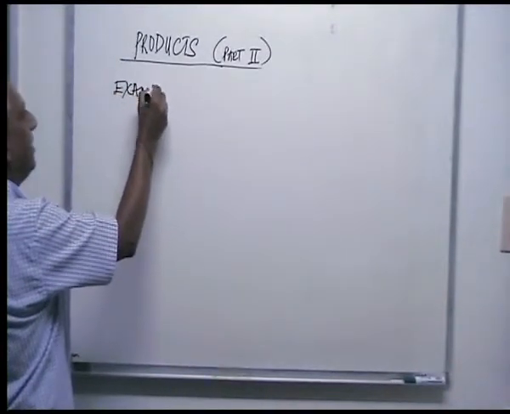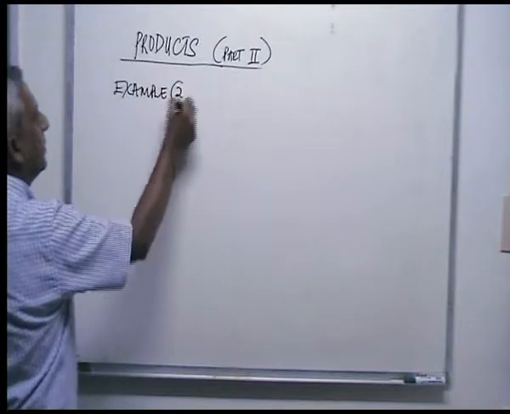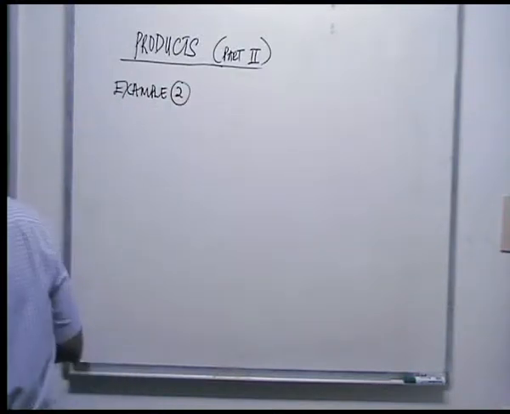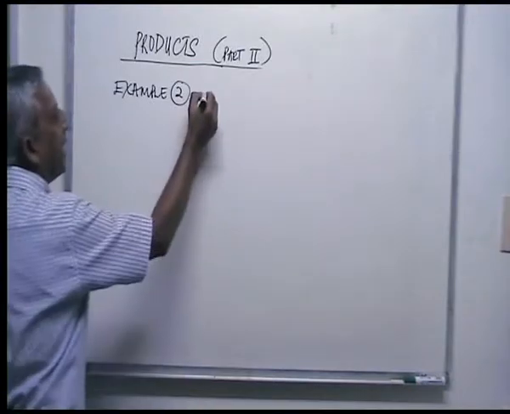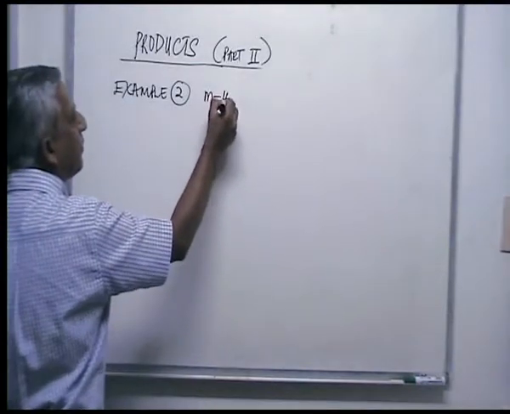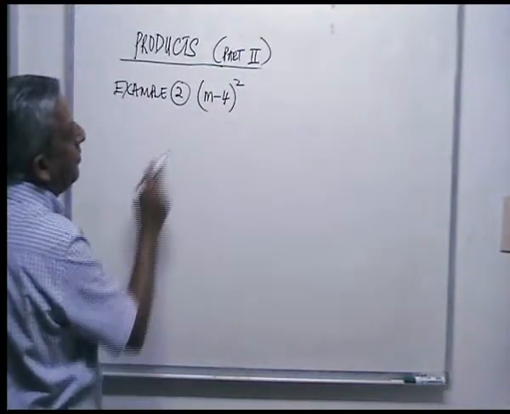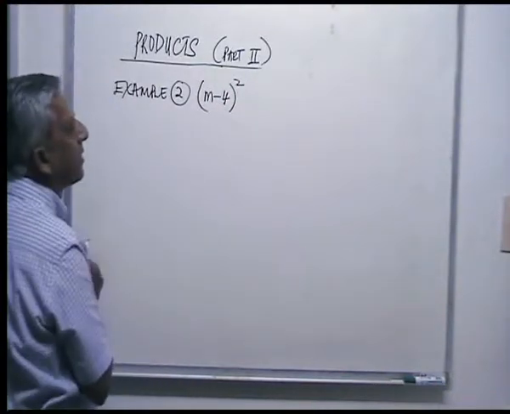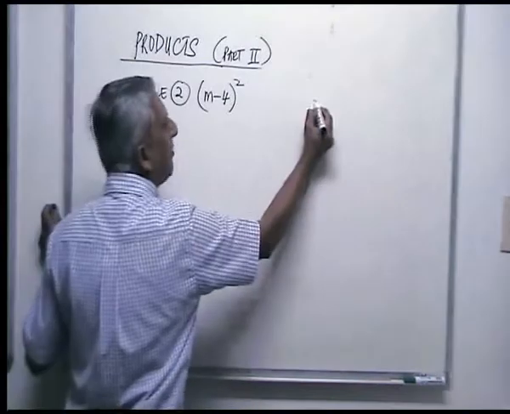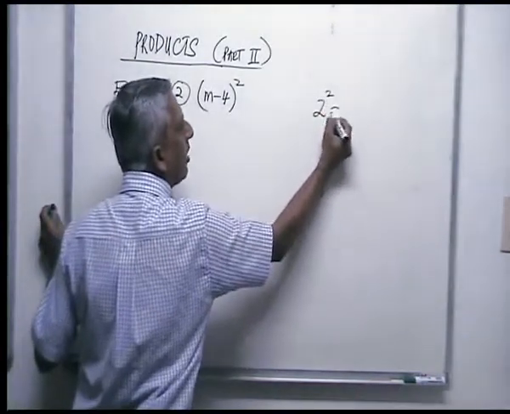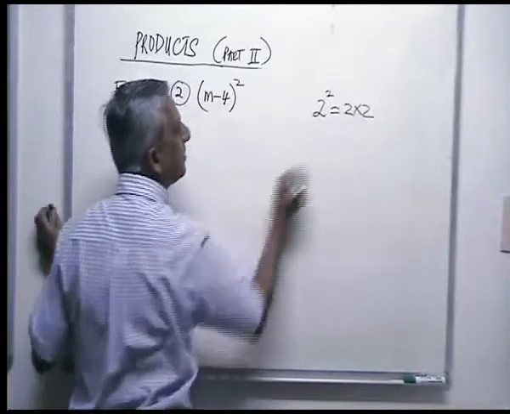Right, now let's look at a new example. Let's call this example 2, and example 2 is m minus 4 all squared. If I told you 2 squared, you'll tell me it is 2 times 2.